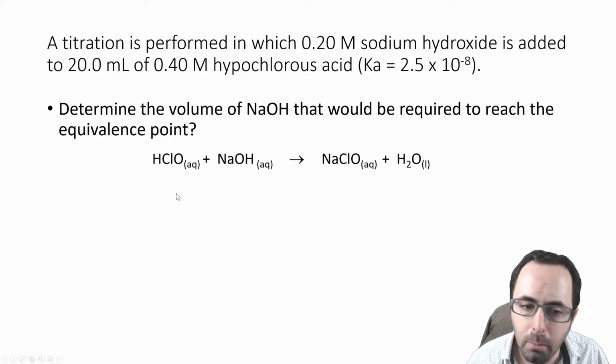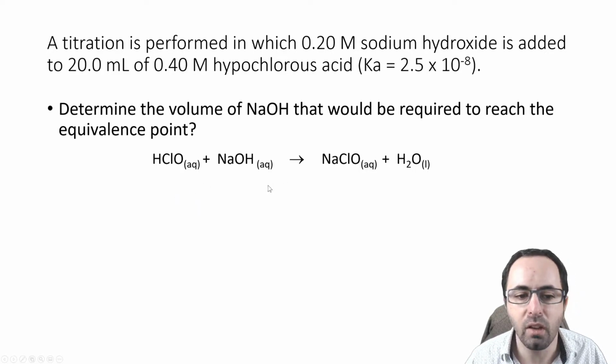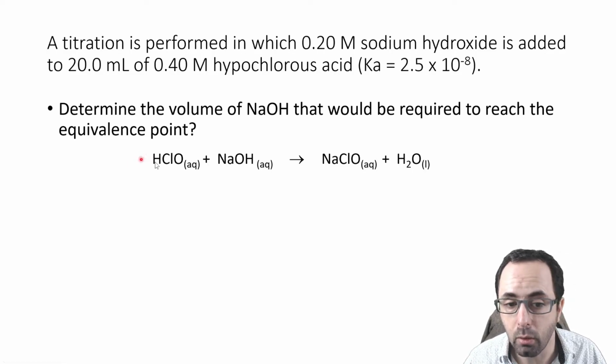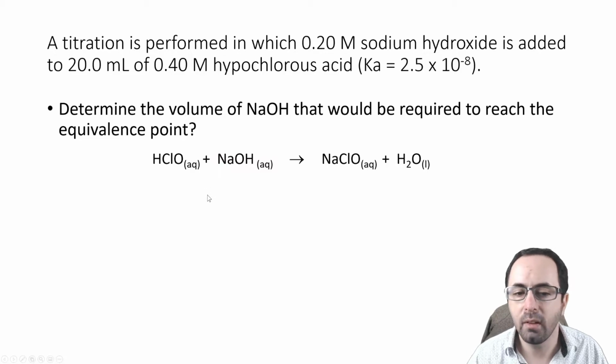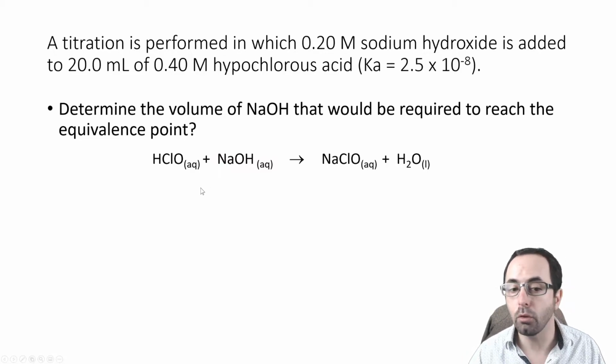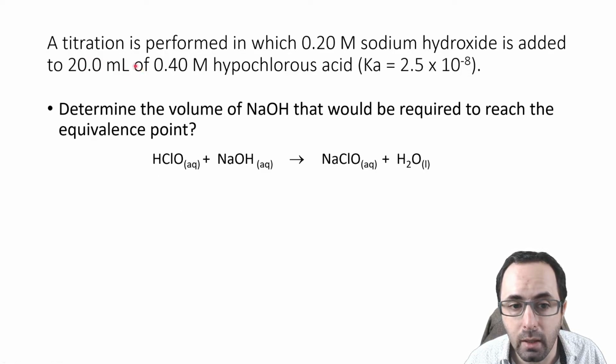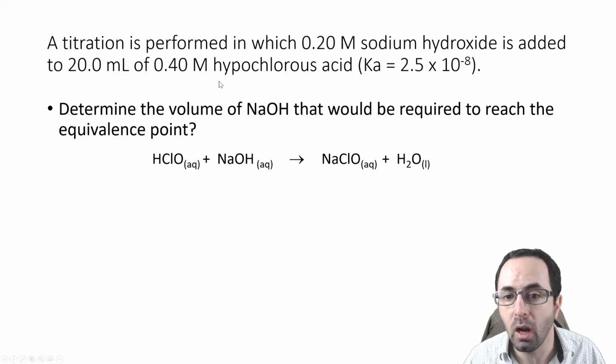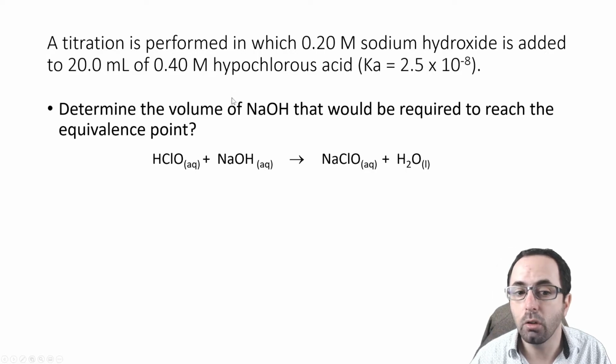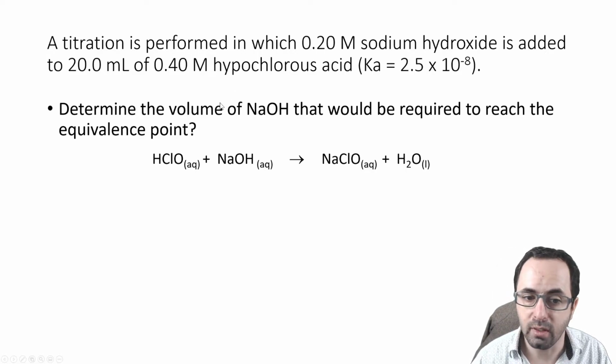So this is already balanced. 1 sodium on each side, 1 chlorine, 2 hydrogens, 1 oxygen. So we are going to have a 1-to-1 stoichiometric ratio. And now this becomes a solution stoichiometry problem. So we're going to start with our 20 milliliters of 0.4 molar hypochlorous acid, and we're going to turn those to moles of hypochlorous acid.